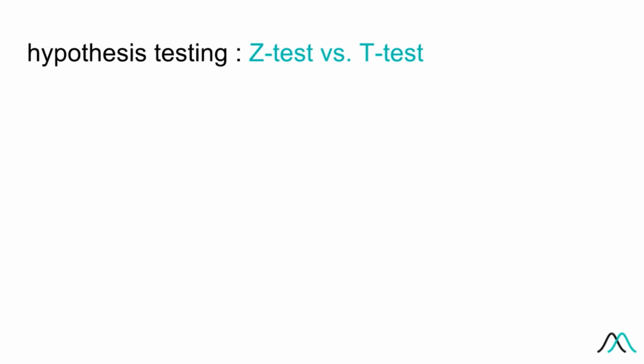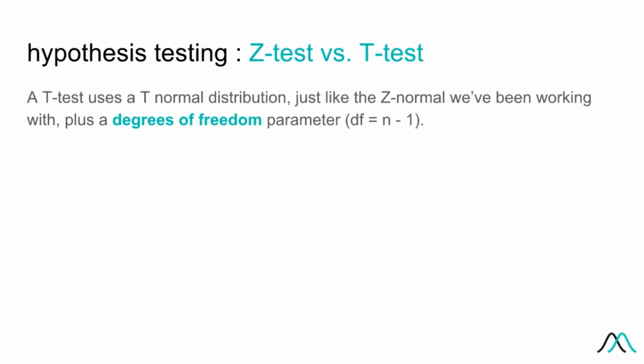So this is just like the z, except a t-test has something called degrees of freedom. This extra degrees of freedom parameter on a t-normal distribution ends up giving it fatter tails, which help control for the estimation error of using s to estimate sigma. A t-test is a more conservative test, but as n increases, the t-distribution starts to approximate the z.